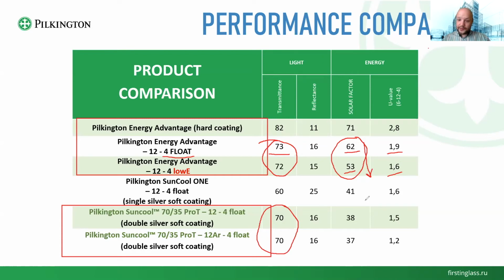And of course, if we compare those with the double silver products, you immediately see the difference. So with just one coating paired with float glass, you can achieve a solar factor which is in fact much lower than for the hard coatings. Why is that happening? Let us see on the next slides.